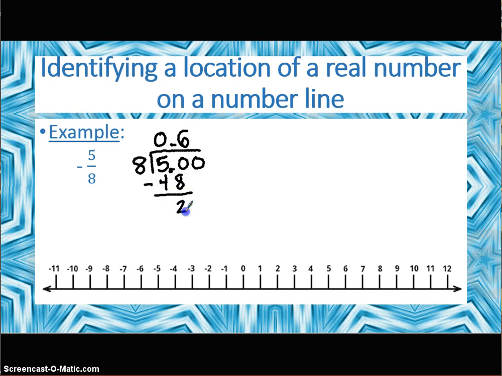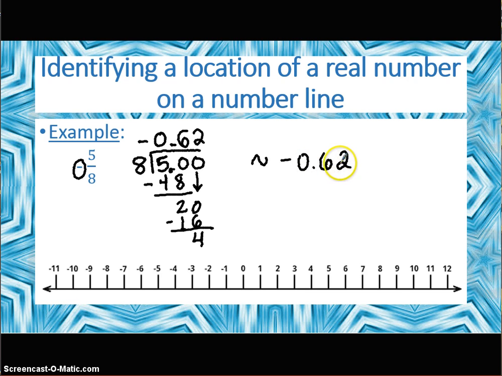We have 2 left over, bring down the 0. 8 goes into 20 2 times, which is 16. 4 left over, but this gives us a good idea of where this number is. Since it has a negative value, we'll add that negative to the number, and we get that this is about -0.62.